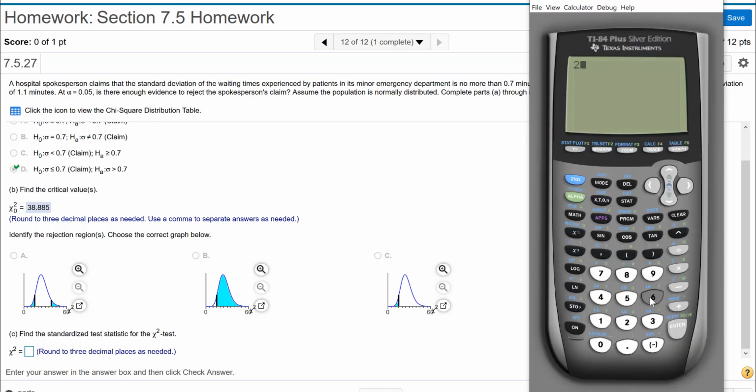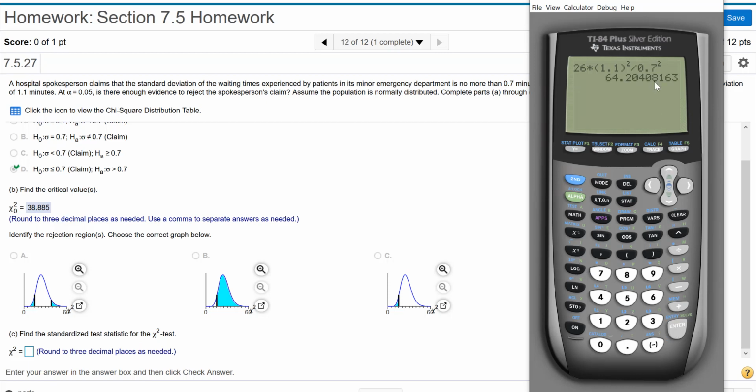So 26 times 1.1 squared, divided by 0.7 squared, and enter.